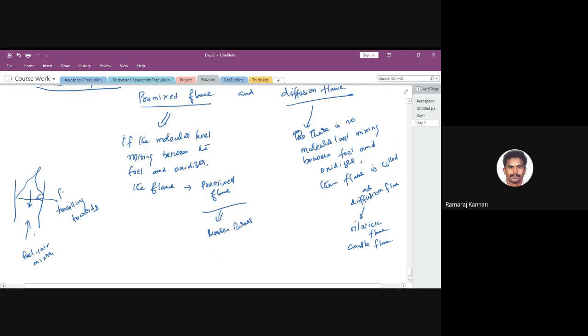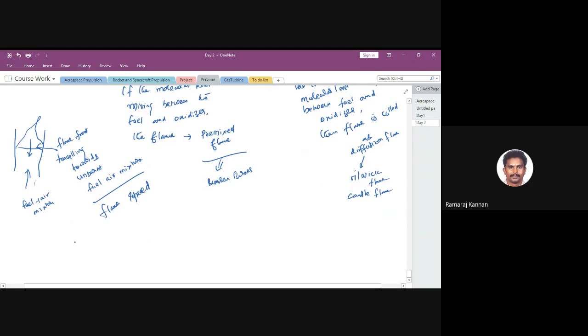Your flame front is going to be traveling towards the unburned fuel air mixture. How fast your flame front is traveling towards your unburned fuel air mixture, that's what we call flame speed. Okay, we call it flame speed.